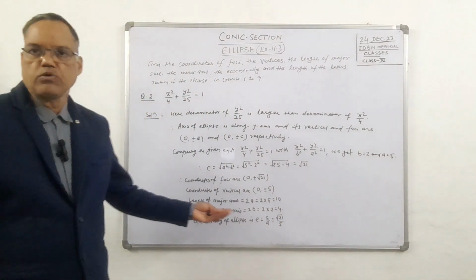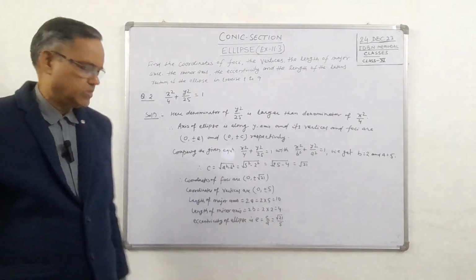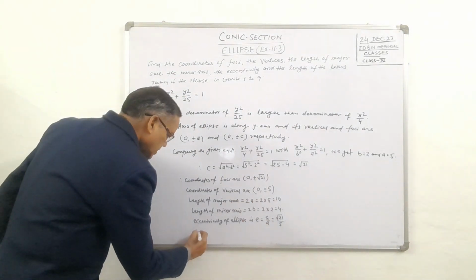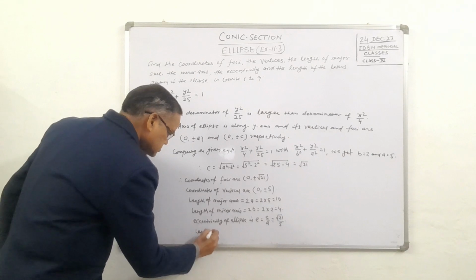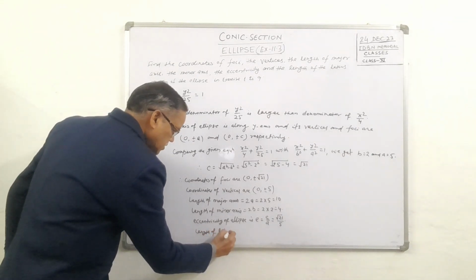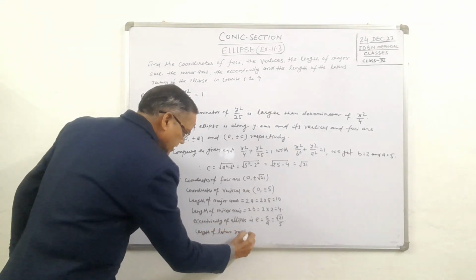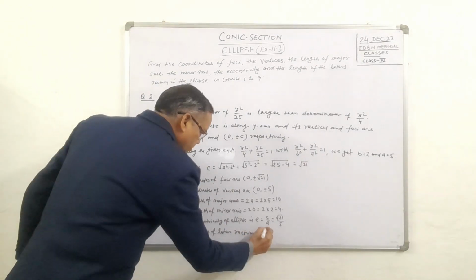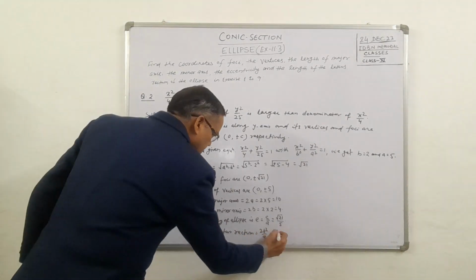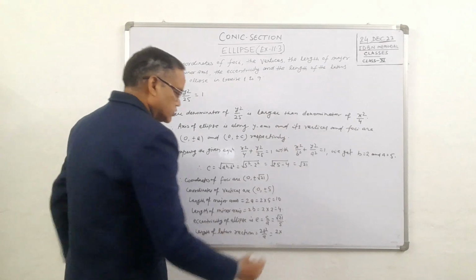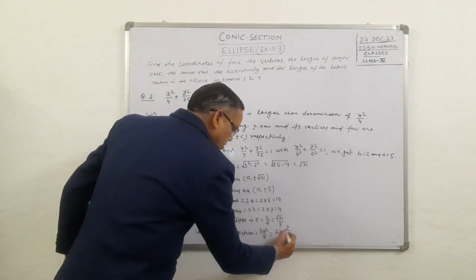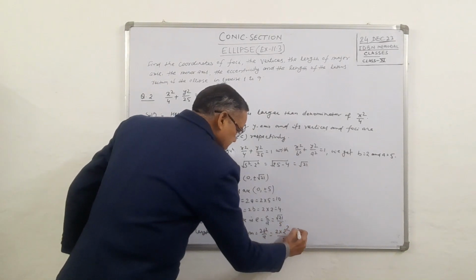Now last, the length of latus rectum is 2b square by a. Here the value of b is 2, so 2 into 2 square by 5, that is equal to 8 by 5.